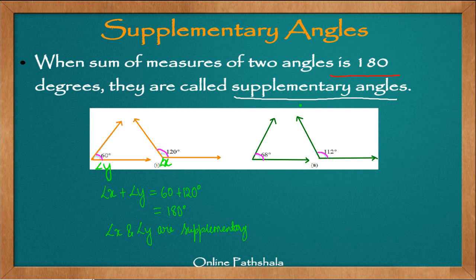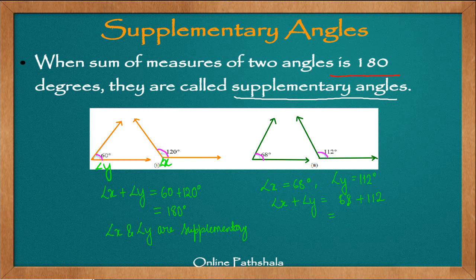Okay, and let's look at another example. Here we have angle X equals 68 degrees and angle Y equals 112 degrees. Now if I add both of these, angle X plus angle Y, we get 68 plus 112.